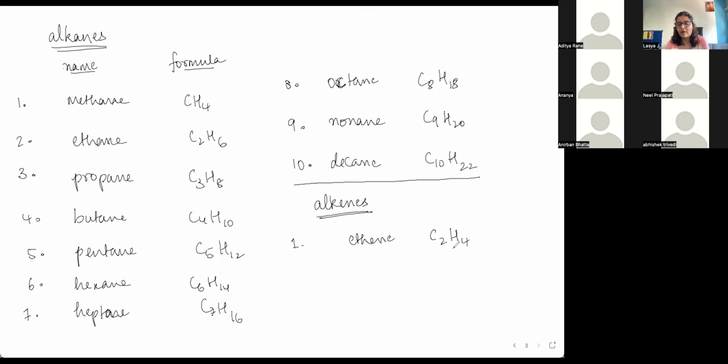And why is the first member ethene? Because if there is only one C, how will we make a double bond? Yes. So if this were presented as a question, how will you write the answer? Give reason why the first member of alkenes or alkynes is ethene or ethyne.